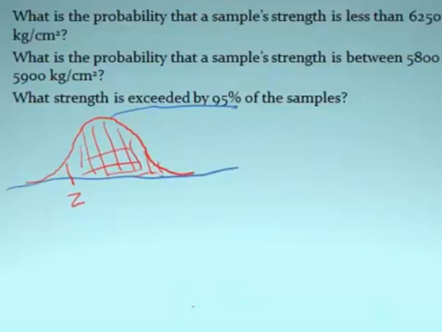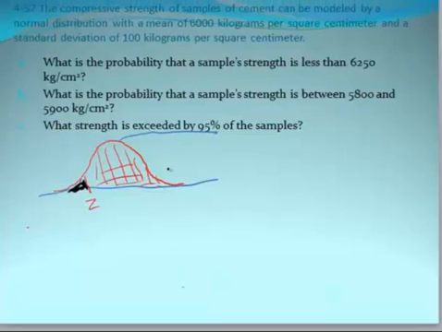That z is the z that has 0.05 or 5% of the samples smaller, or with less strength. So what we need is a z that has an area there that is 0.05.